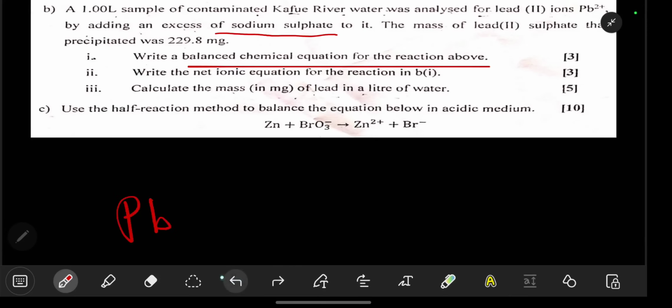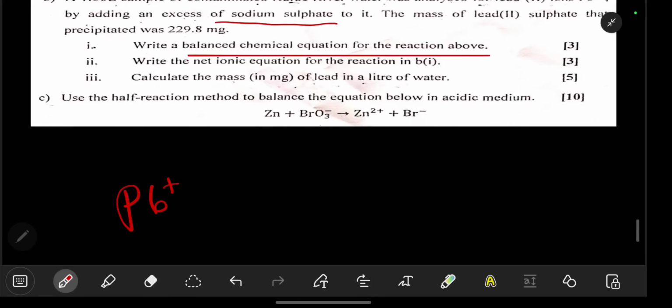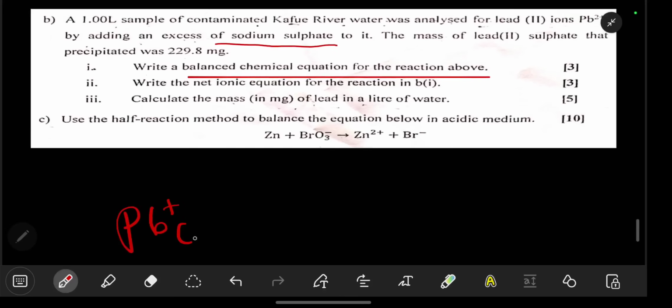You don't write lead hydroxide because it's water, it will combine with water. If they are telling you lead ion, it simply tells you that lead ion can be formed by a number of things. It could be lead nitrate, it could be a lot of things. So we do not know what this ion is combined with, so we cannot necessarily say we combine it with hydroxide or anything. So we're just going to say it's an ion.